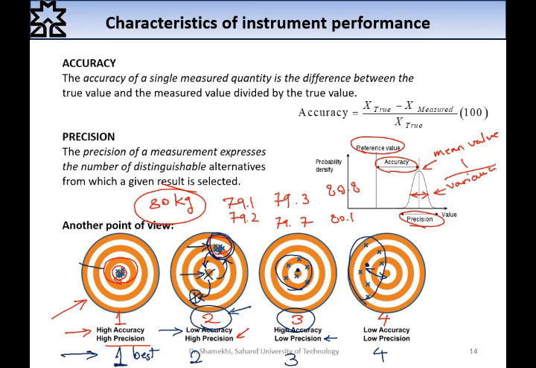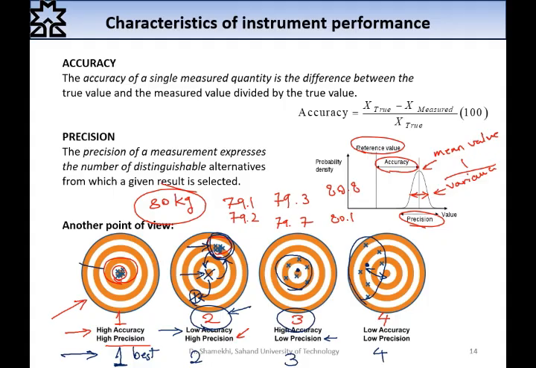Therefore, if I ask you which one is the best, you should tell me the best one is the first one. And if I ask you about the position of the second and the third shooter, you should choose the second one from the instrumental point of view, because we want to have a reliable system.